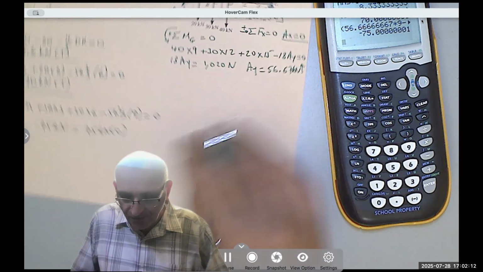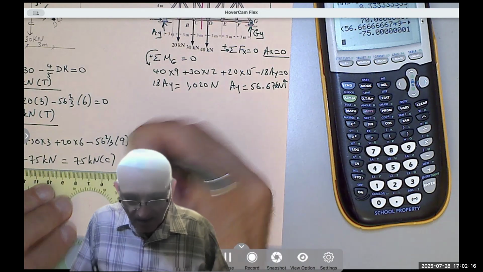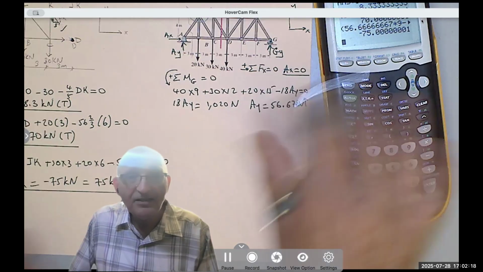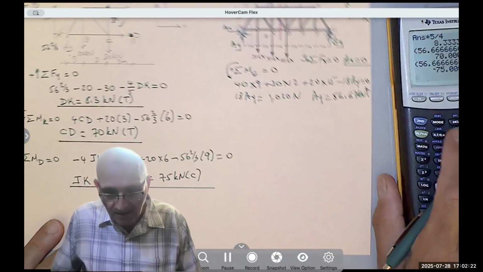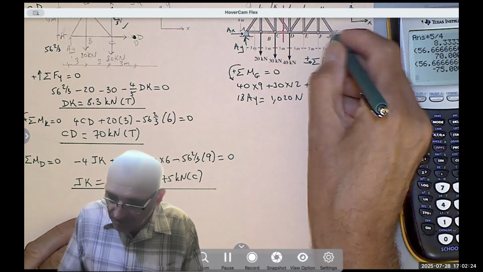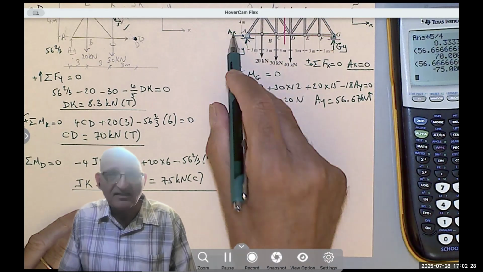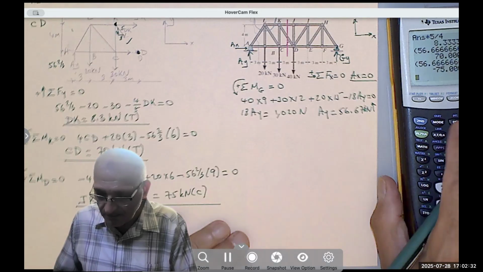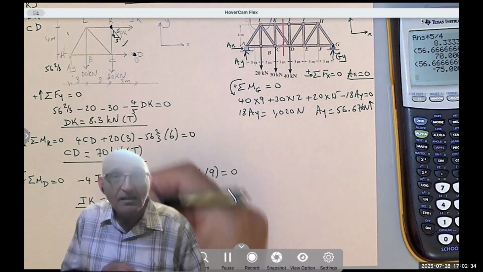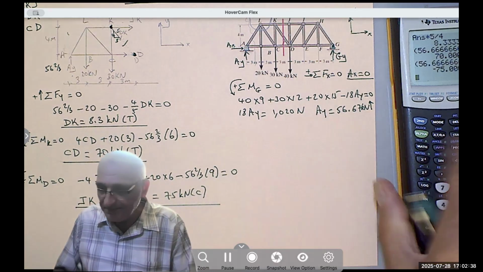And I found the force in all three members that I needed by using only 4 equations. Summation of the moment about G to find AY. In fact, I used summation of the forces in the X, but AX was 0, we knew that. Okay, so that's the first example.